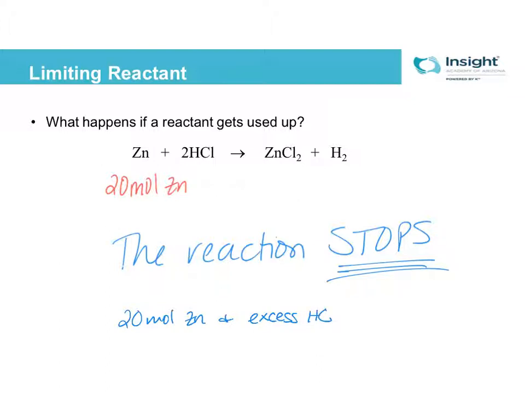That automatically means zinc is your limiting reactant. Because excess kind of sounds like extra. It means you have so much HCl, you're never going to run out of it. So this determines where you are going to do your calculation for stoichiometry.